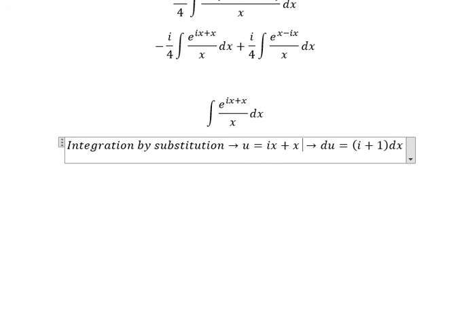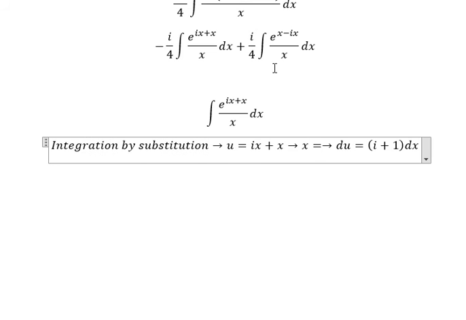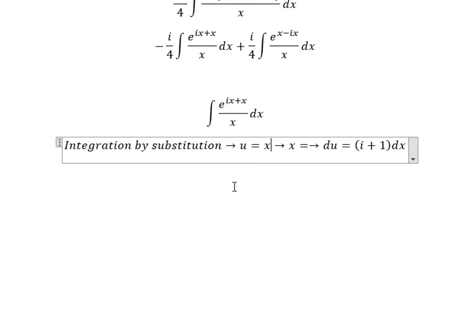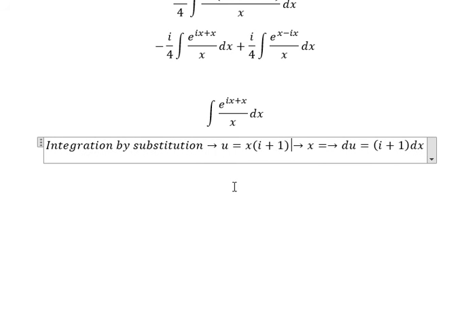About this one, we find the value of s. We can do factorization, that's s multiplied with (i plus 1). So to find the value of s, we just divide, and that should be u divided by (i plus 1).